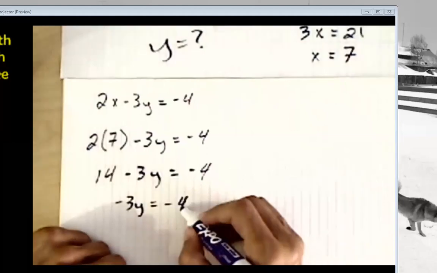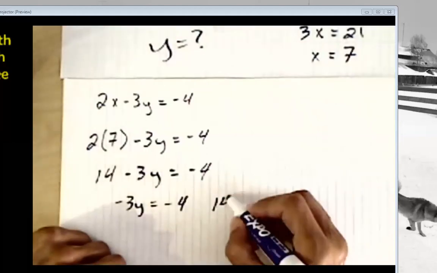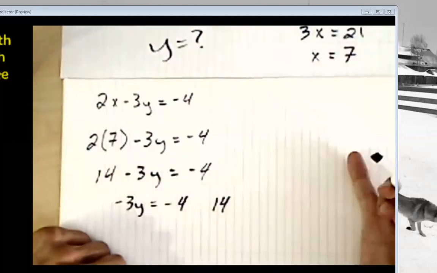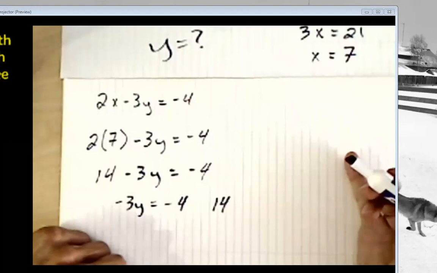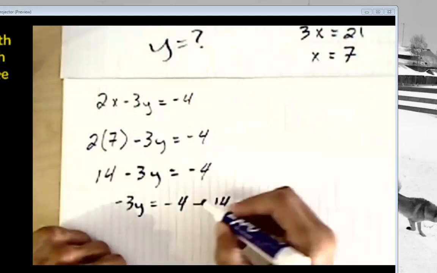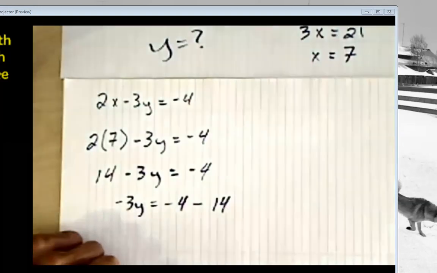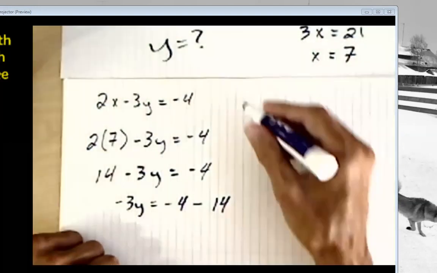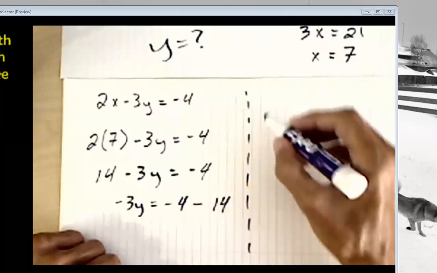So it's minus 4, it's 14. Negative, yeah. Good, thank you very much. Nice. So now we have minus 3y.